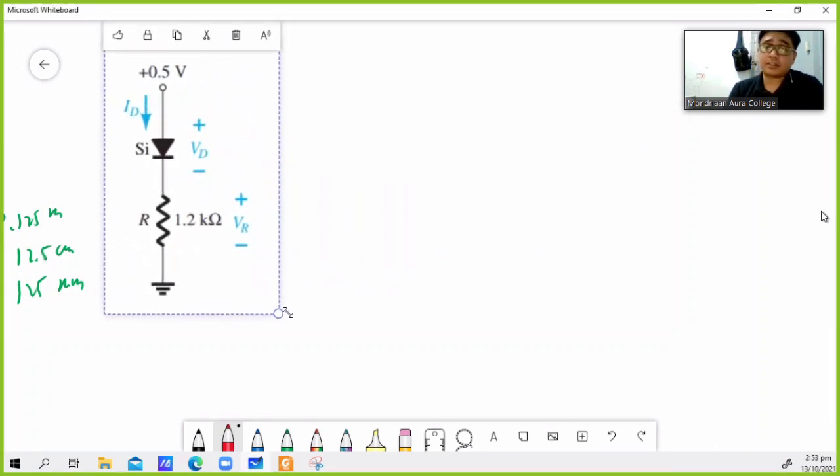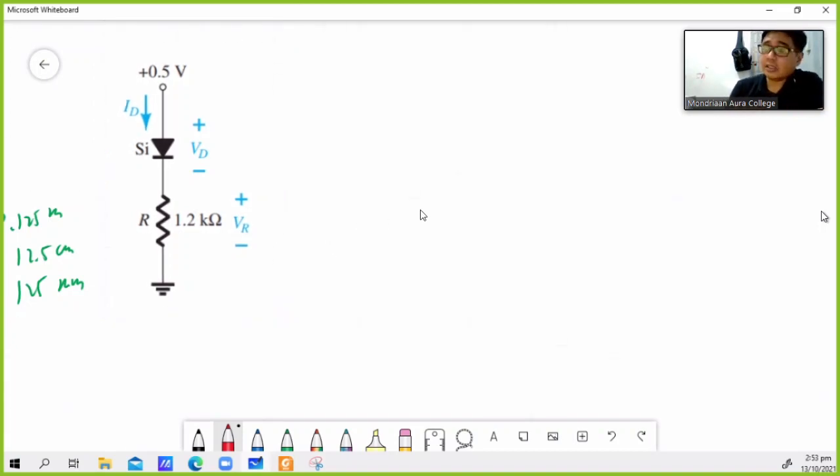By the way, yung capacitors saka yung clippers sa next meeting na natin i-discuss, no? Kasi gusto ko muna makompleto to, itong series and parallel configuration ng diodes before we move on to a different topic, which is yung capacitors. Capacitors kasi importante yan to filter out yung mga nanggagaling sa ating rectifiers. Okay? But next time na natin di-discuss yan.